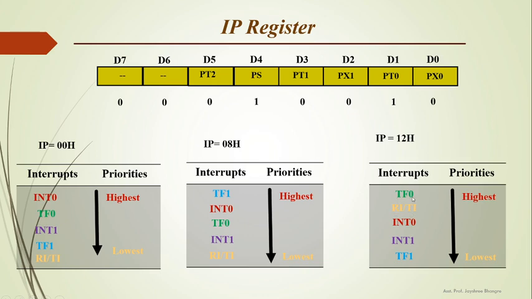So TF0 is at highest priority, then RI TI has lower priority than TF0, and all the rest of the interrupts have the priorities like this. So TF1 has the lowest priority. So in this way we can change the priorities of the interrupts.